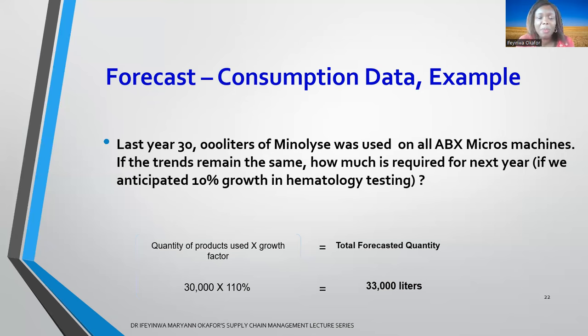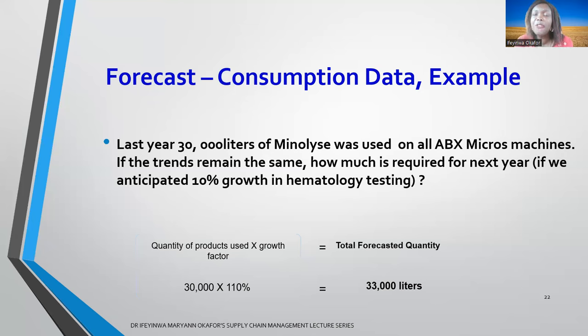So when you multiply the 30,000 liters by the 10% growth factor in hematology testing, you have 33,000 liters.